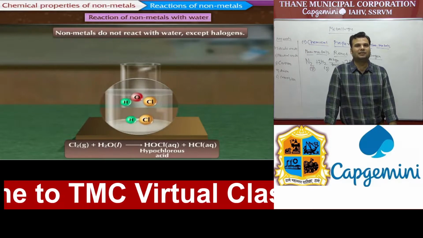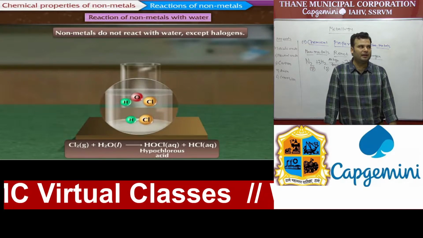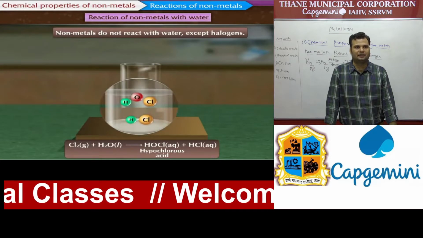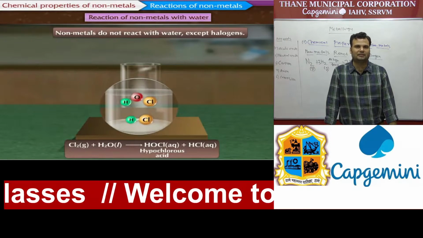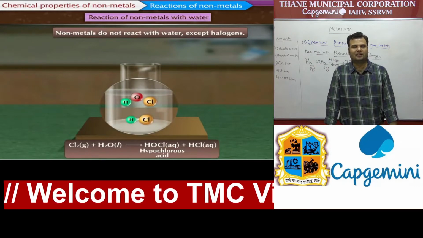Now, students, we completed the physical properties of metals, physical properties of non-metals, chemical properties of metals, and chemical properties of non-metals. The next part of this lesson is ionic compounds. So let's start ionic compounds.